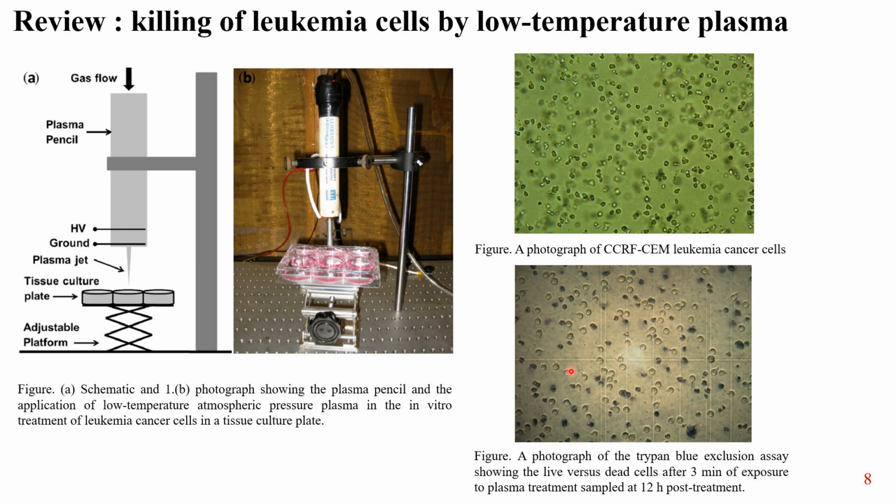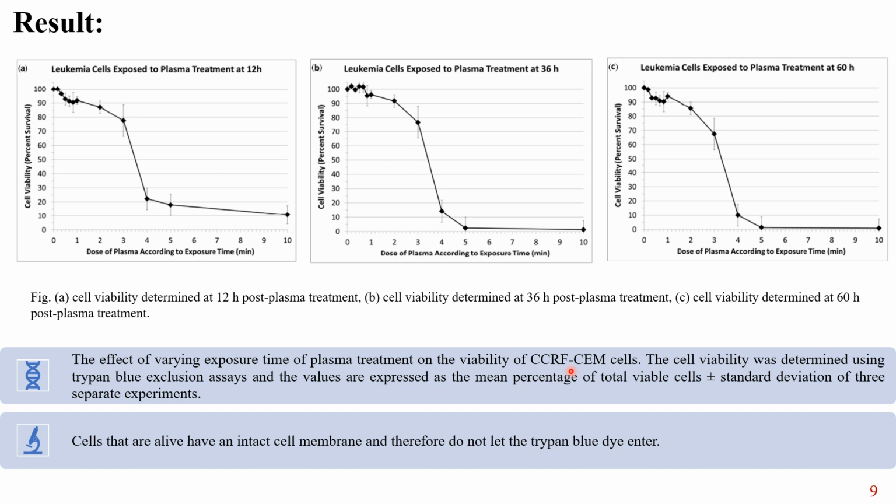Trypan blue exclusion allows for a direct identification and analysis of live, stained and dead cells in each population. In the next slides, these three data sets show the results of cell viability counts using trypan blue exclusion. Cells that are alive have an intact cell membrane and therefore do not let trypan blue dye enter.